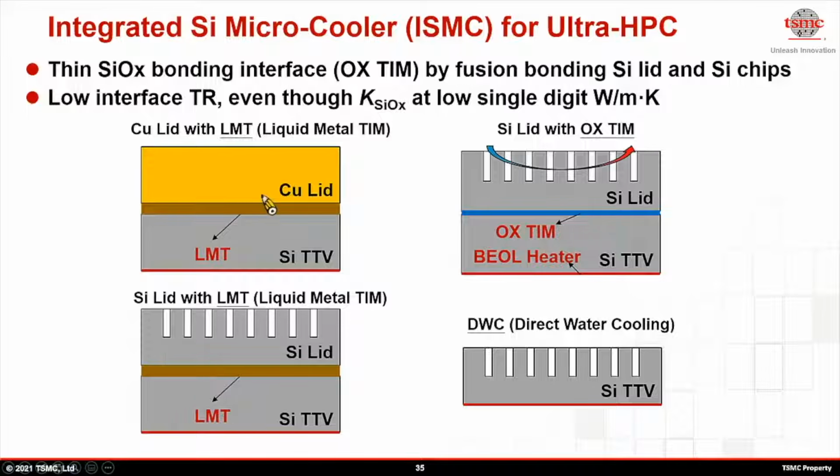We then evaluate 3 new schemes. First, we replace copper lid with silicon lid that has preformed microstructures such as trench or pillar to allow liquid coolant to approach closer to the heat source at the bottom to remove heat more effectively as well.